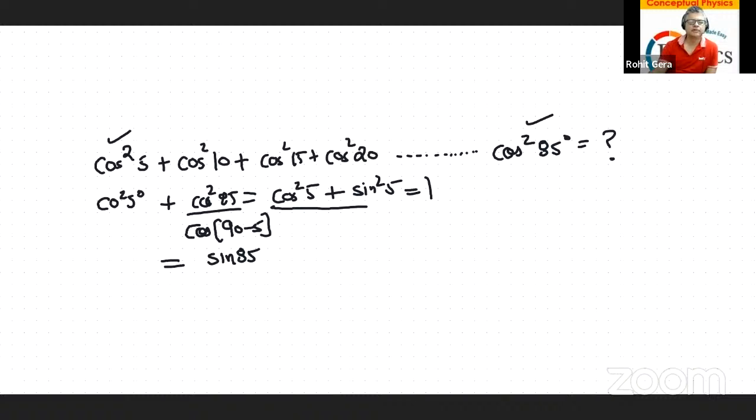First and last. Then take cos square 10 और इससे एक पहले क्या होगा?